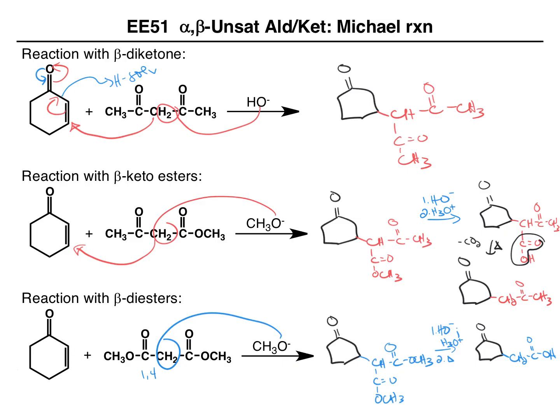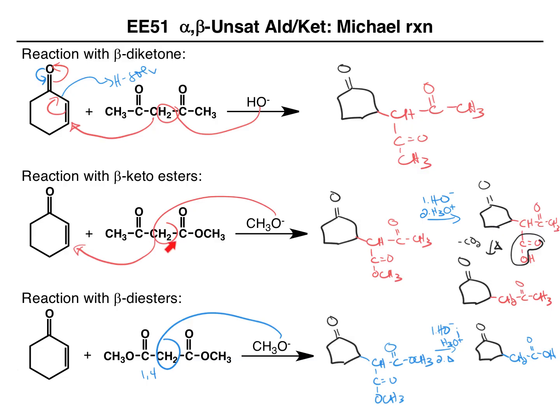So a Michael addition involves conjugate addition or 1,4 addition of an enolate to an alpha beta unsaturated aldehyde or ketone. Our product could end up as a beta dicarbonyl, and then we still have this other carbonyl. Now that means that we have a lot of other functional groups that we could continue to react.